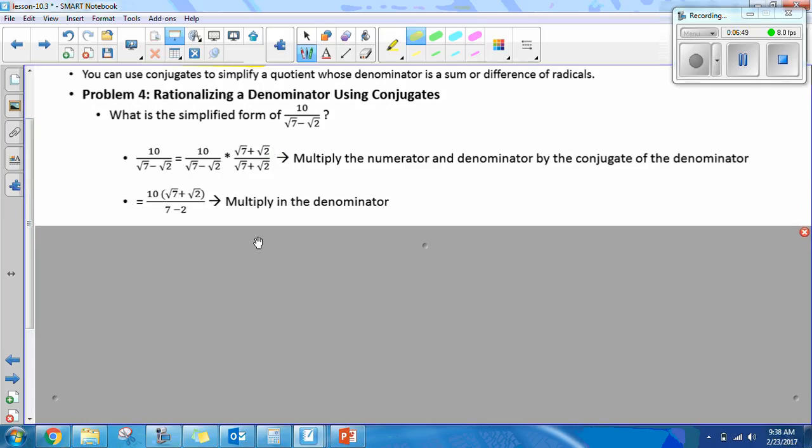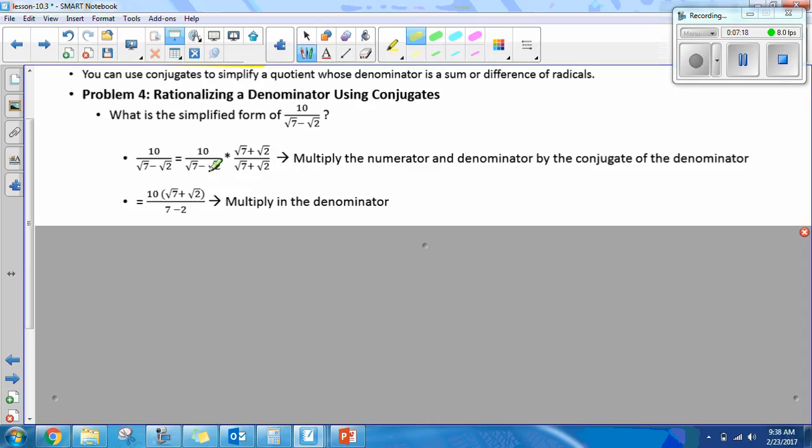And we'll simplify this by doing 10 times the quantity radical 7 plus radical 2. And then the denominator, when you multiply those out using FOIL, you end up with radical 7 times radical 7, which is radical 49, which comes out to 7. And then when you do outer, you have radical 7 times radical 2, which is radical 14.